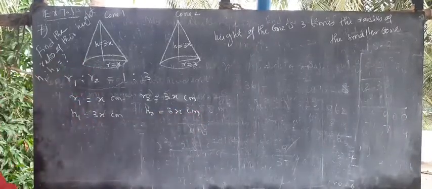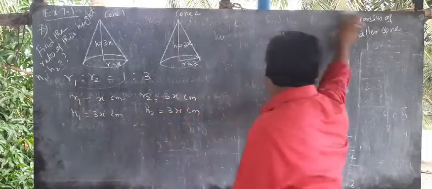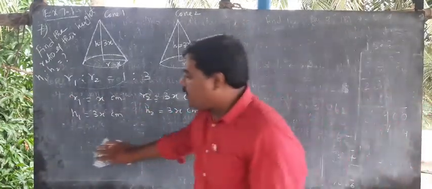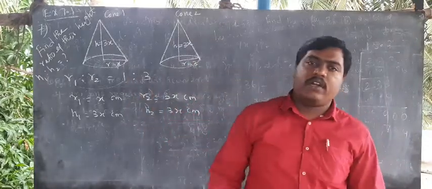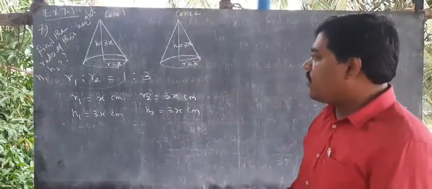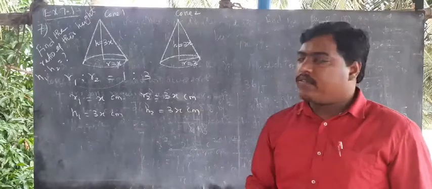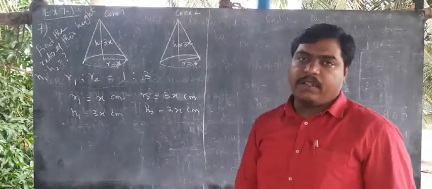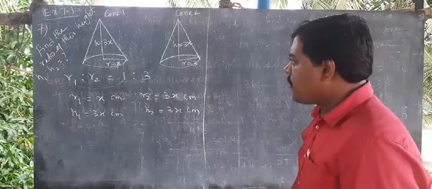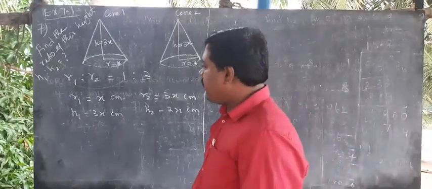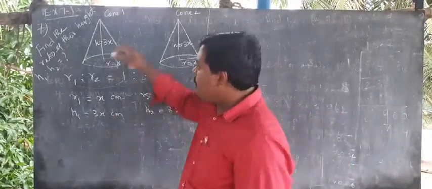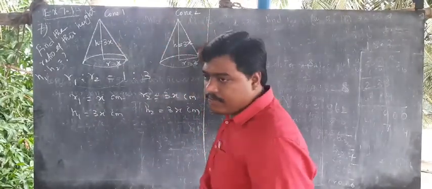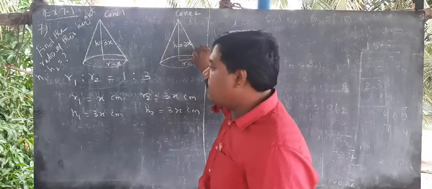For all sums we need to draw the diagram, then only we can find the solution, what formula we need to apply, and what we need to find. So the diagram is very important for mensuration. By the given data, comparing the cones, the radius is 3 times greater.